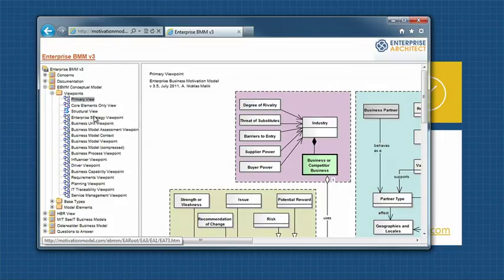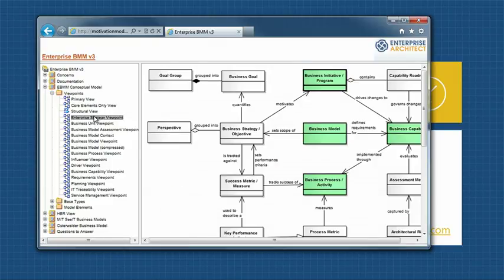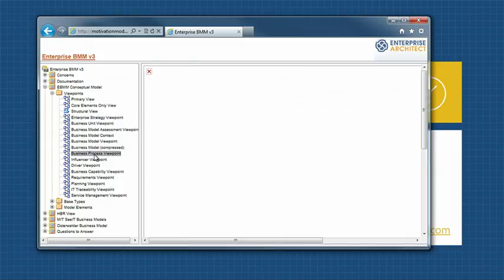Every one of these different viewpoints is a subset of the enterprise business motivation model that is specific to one set of concerns. So the strategy viewpoint is specific to the concerns of people who want to make sure that their strategies are aligned to the organization. The process viewpoint is for people who are more business process focused, if it comes up.